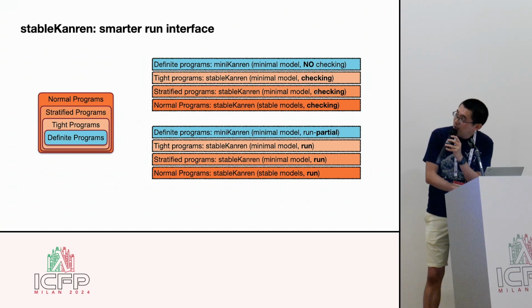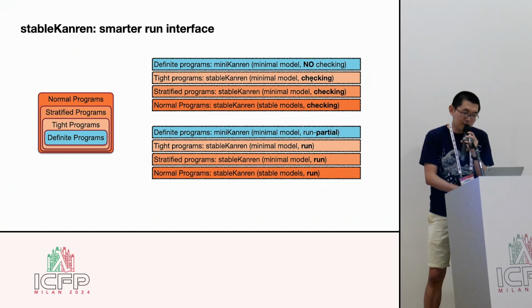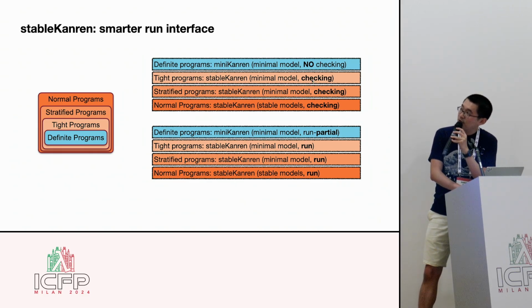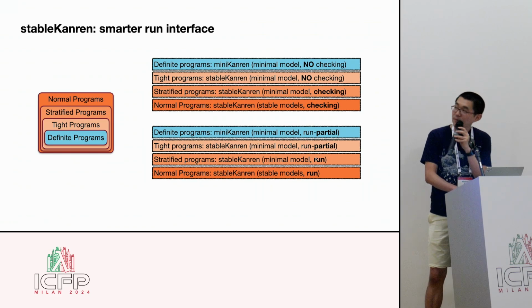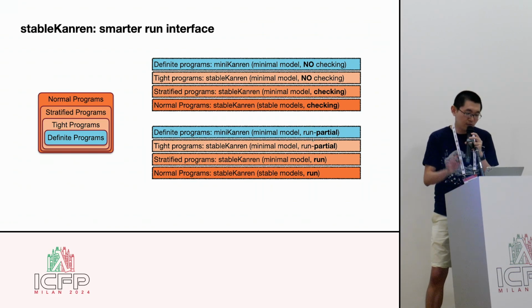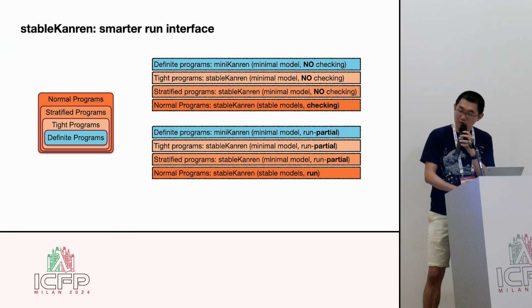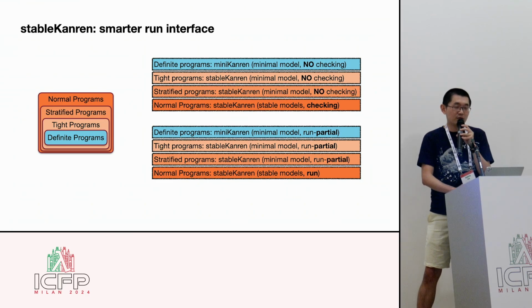If we have a way to say, at runtime, that this is a stratified negation and the partial result is actually the final result, then we don't need to do the checking, right? Same thing here, we don't need to use the run interface to run the program. It would automatically decide to just do run partial. So this is one of the future works.